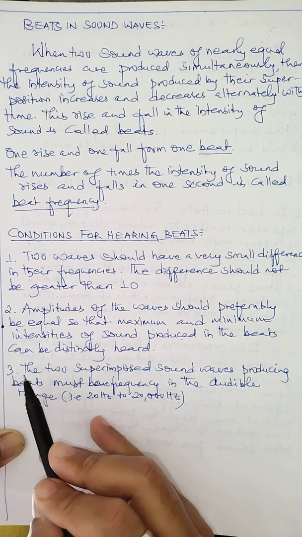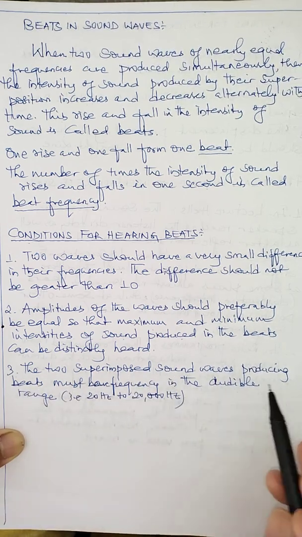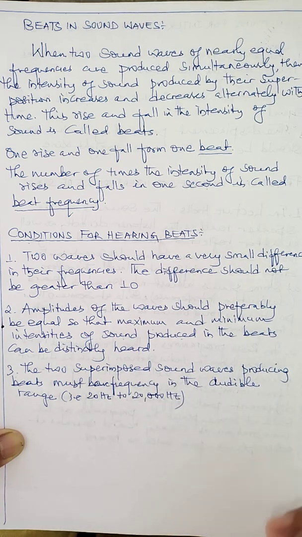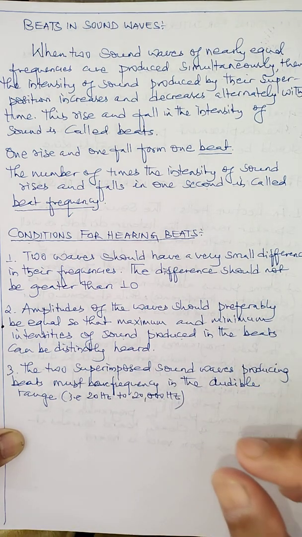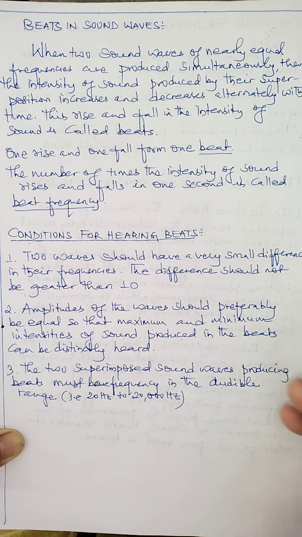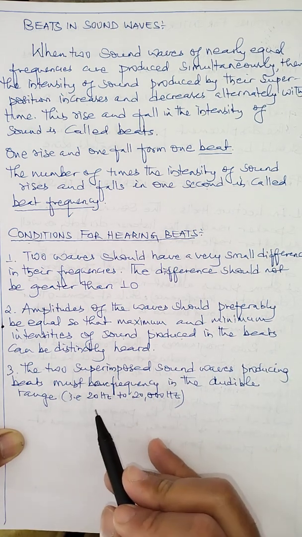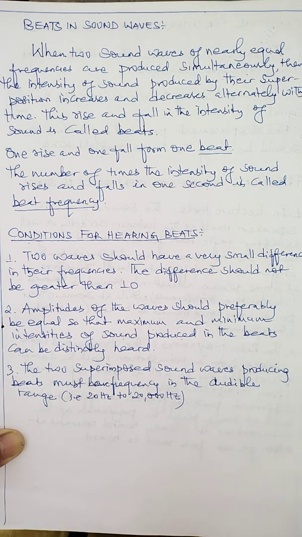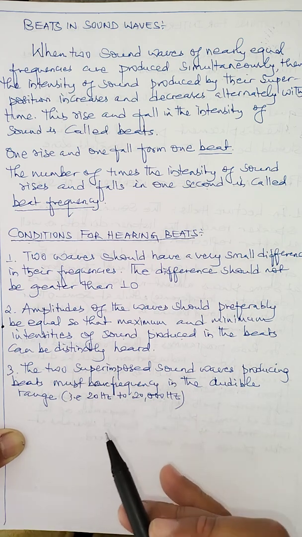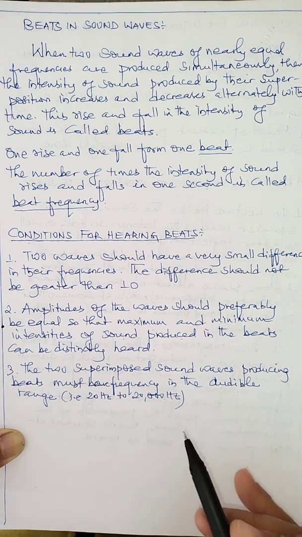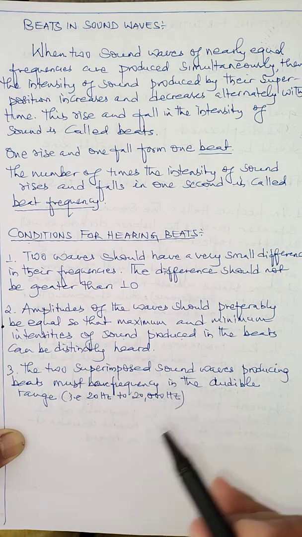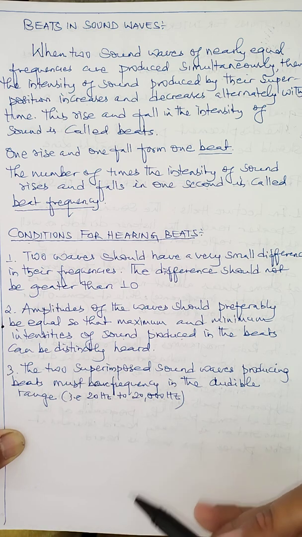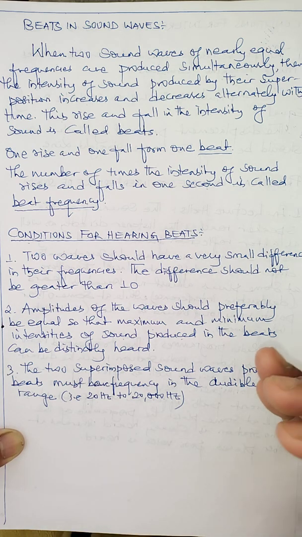And the last point: the two superimposed sound waves producing beats must have frequency in the audible range. When the two sound waves are superposed, the superposed sound must have a frequency in the audible range, which is 20 Hz to 20,000 Hz for the normal human ear. That means the frequency of the superposed wave should not be less than 20 Hz and should not be greater than 20,000 Hz.